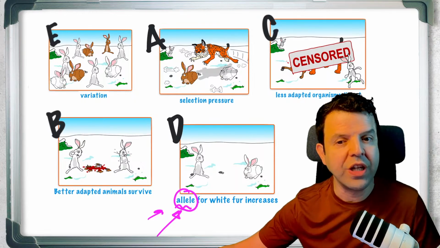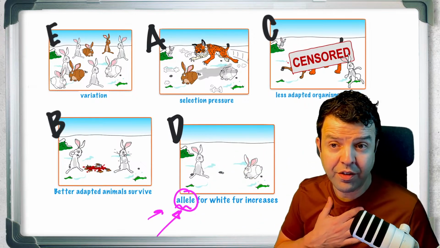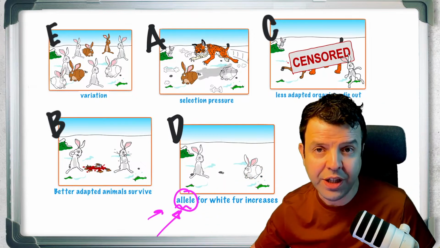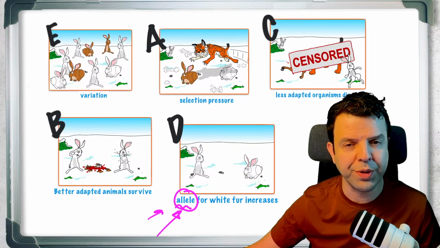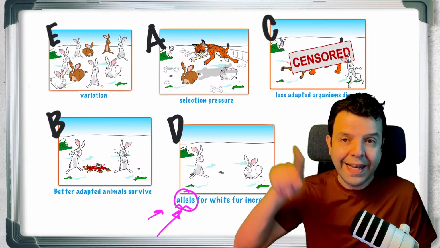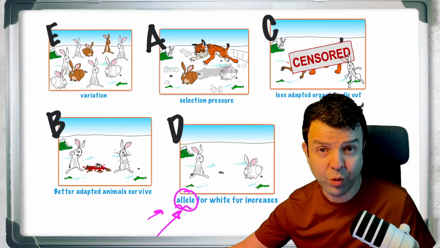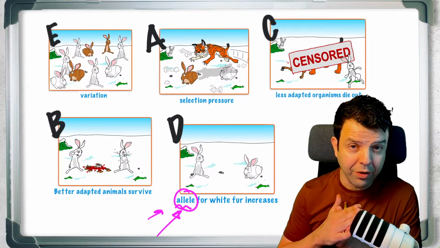I did not say the gene passes because fur color is a gene. Fur color, whether it's white or brown, it's a gene. So when you say the gene passes from parents to their offspring, that doesn't make sense. But when you say the allele for white fur is the one passing, is the best way to say it. Again, what's the difference between me saying gene or allele?